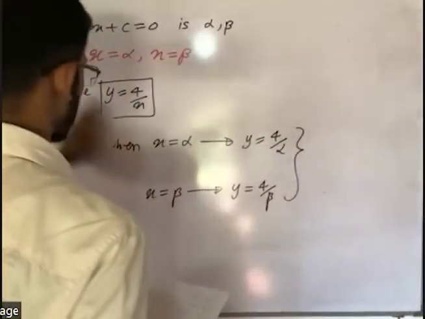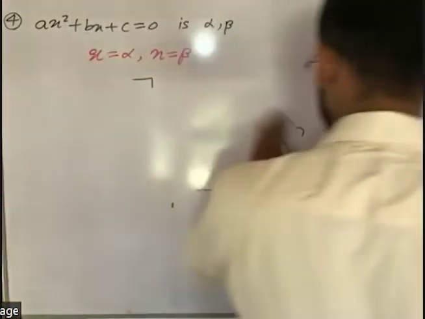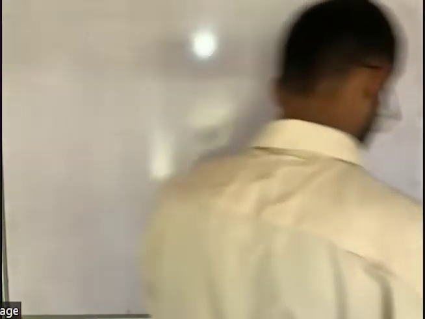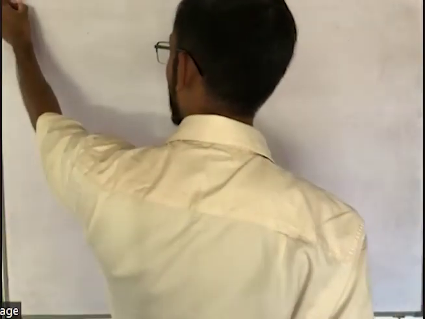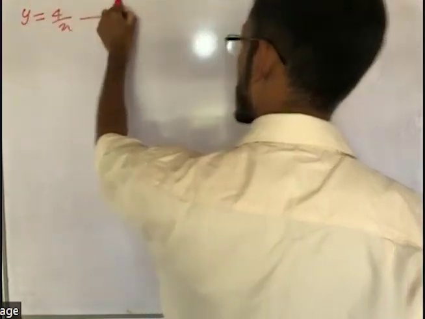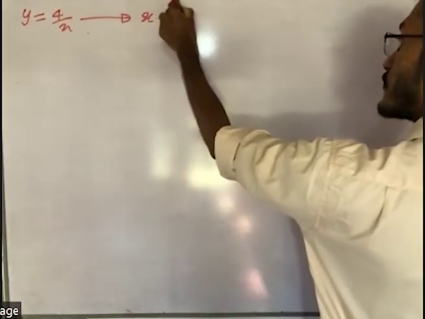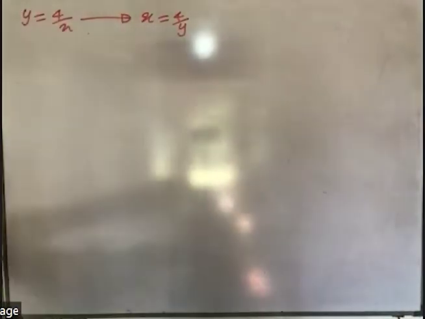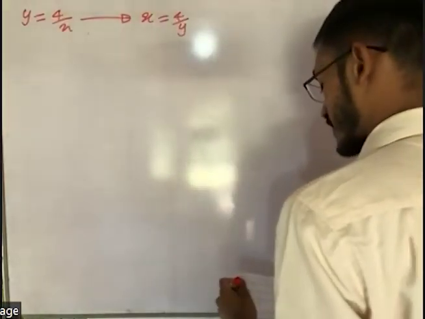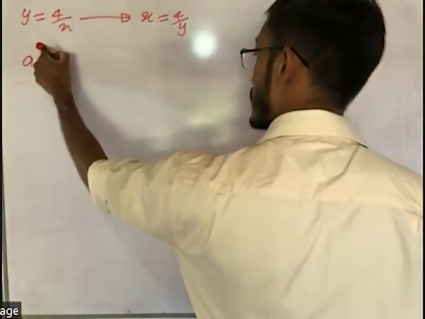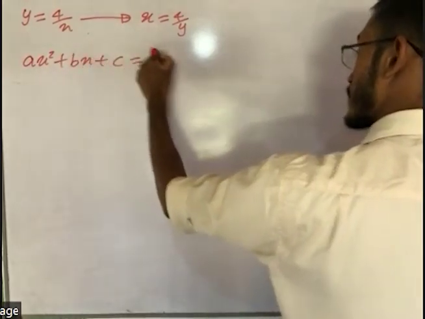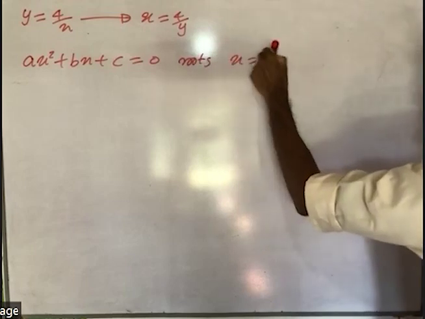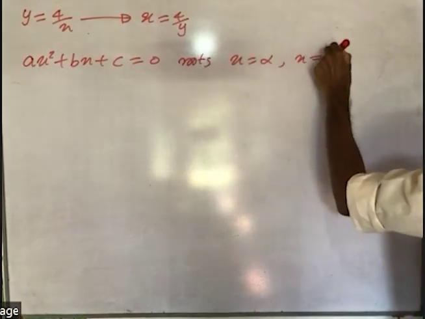Okay, right. Now look at this. So we know that y equal to 4 over x. Therefore, we can write down x equal to 4 over y. Then they have given that ax squared plus bx plus c equal to 0. Here roots are x equal to alpha comma x equal to beta, right?